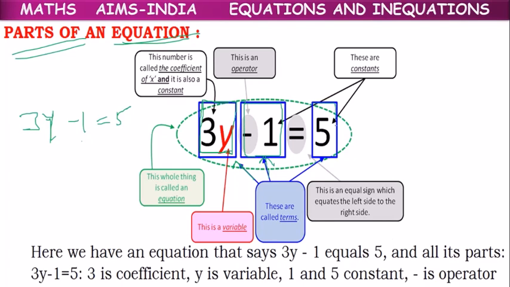This 5 on the right hand side is another term. On the left hand side we have two terms, on the right hand side we have one term. So an equation has some terms on the left hand side and some terms on the right hand side.